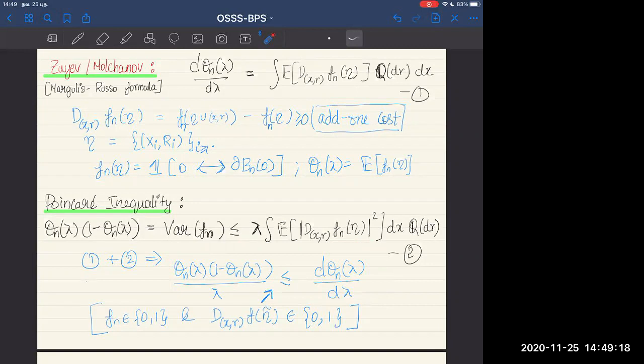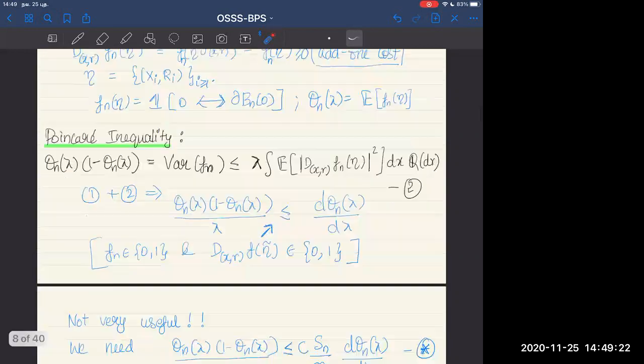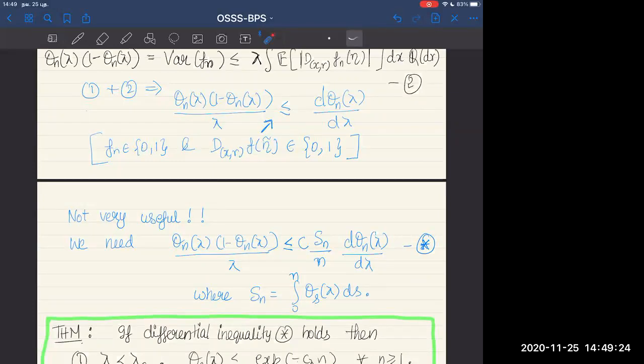This inequality is not quite the inequality we needed. The inequality we need is an inequality of this form: d theta n by d lambda, with one extra factor c of Sn by n.